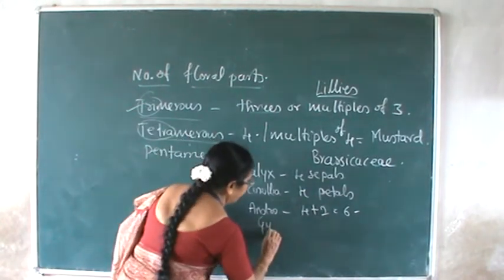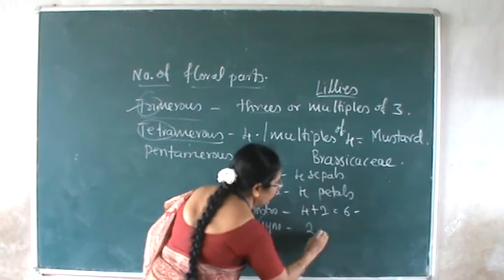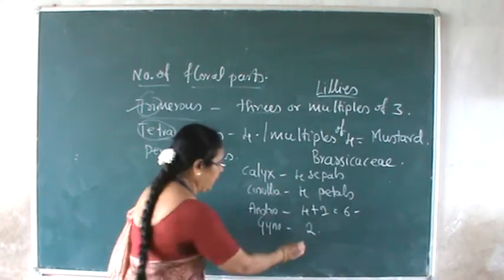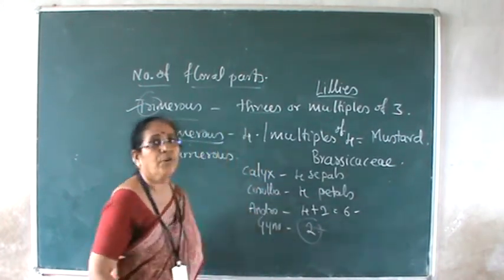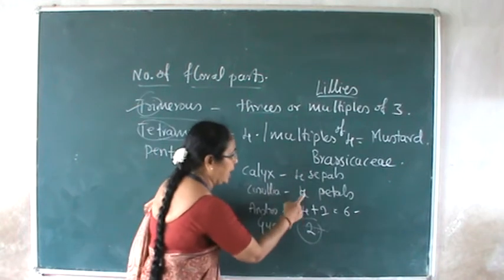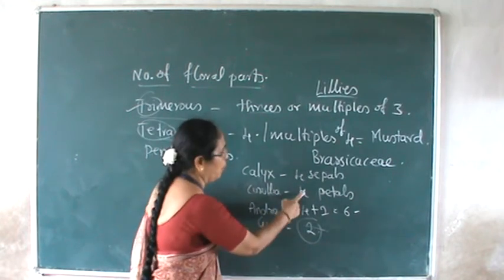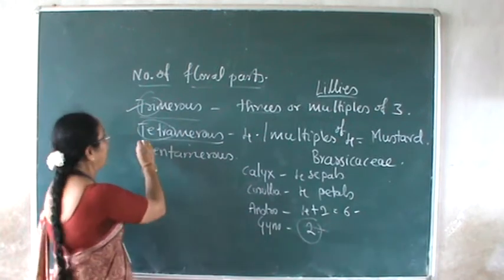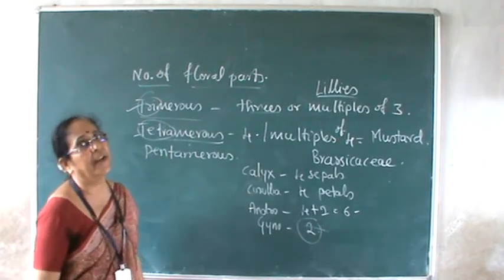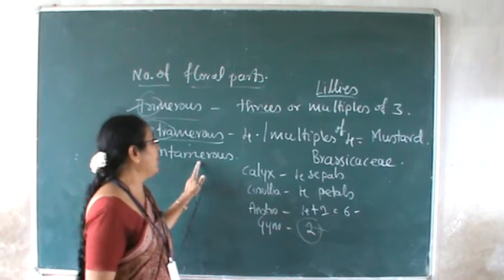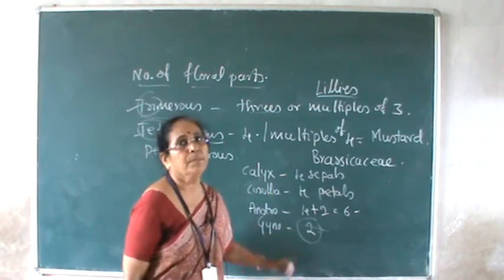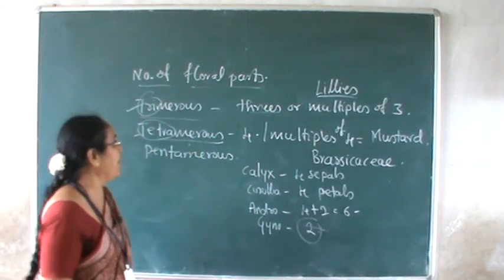But the gynoecium is consisting of only 2 carpels. Forget about this one. Out of 4 whorls, 3 whorls are made up of 4, 4, 4. That is why the flower is to be called as tetramerous in nature. And such kind of flowers are exclusively found in Brassicaceae family, mustard family.